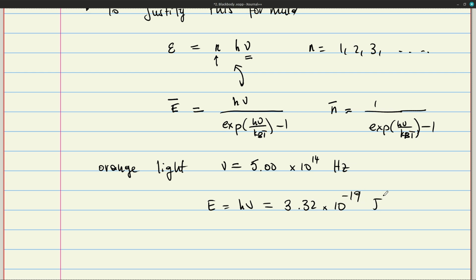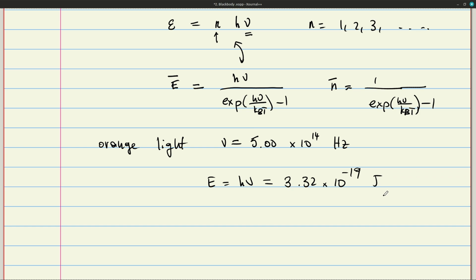But it turns out joules is not a good unit of energy for studying quantum mechanics, because we are talking about atoms and electrons, very small quantities, that have very small energy. A better unit is the electron volt, eV, which is 1 electron times 1 volt, right?